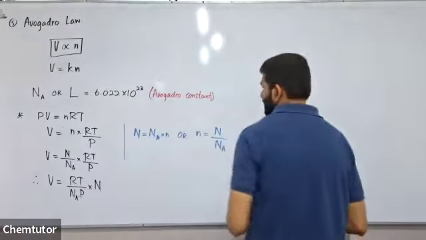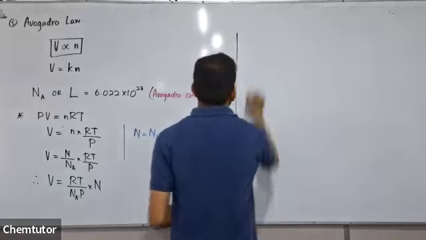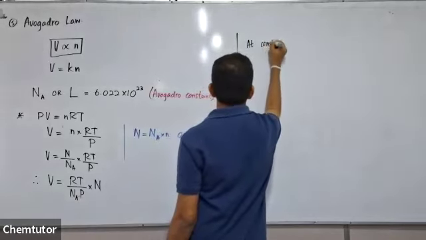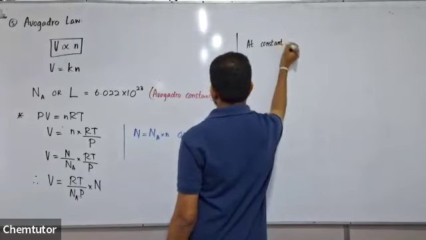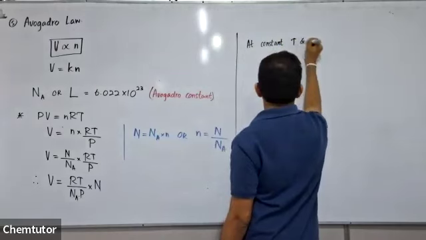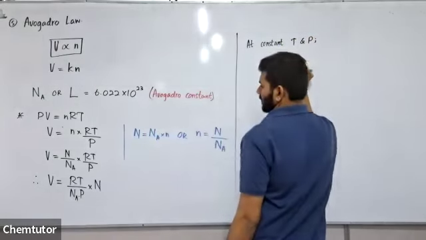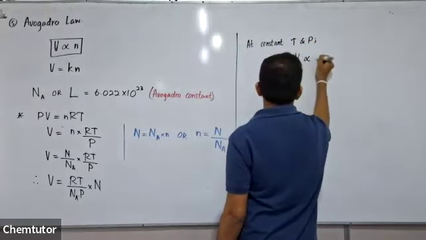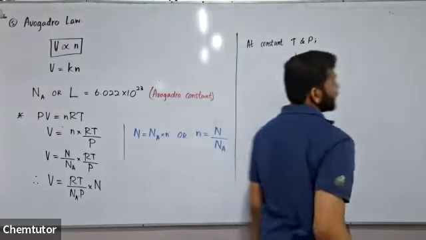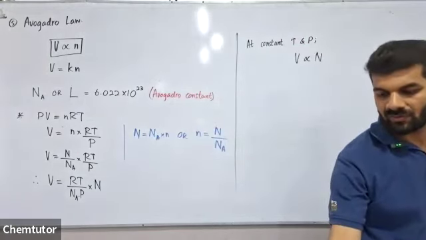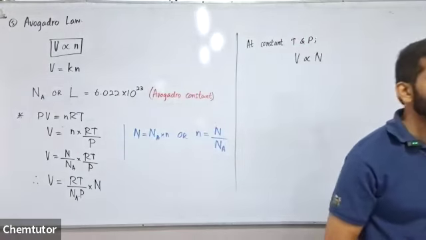Then we can say at constant temperature and pressure, volume is proportional to the number of molecules.